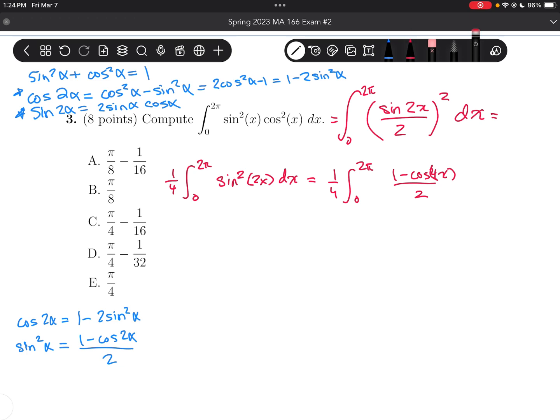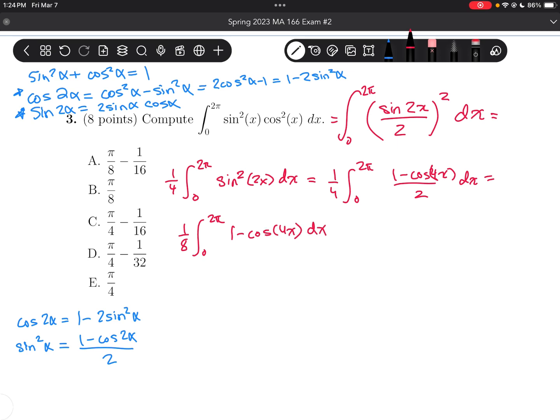Even though our identity states that sine squared alpha is equal to 1 minus cosine 2 alpha divided by 2, you have to understand that in this case, alpha is equal to 2x. So don't make silly arithmetic mistakes, basically. Then I'm going to factor out the 1/2 to get 1/8 as my constant in front, and I'm left with this.